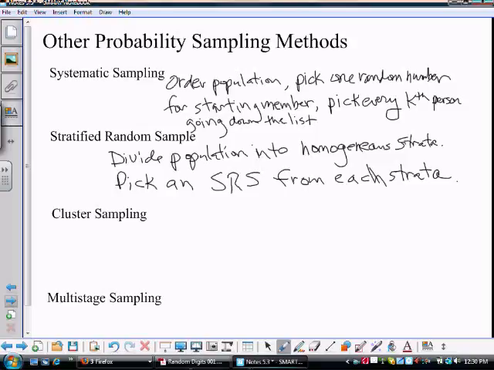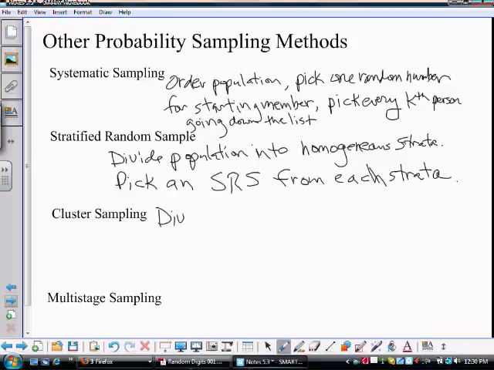Cluster sampling is you divide your population into heterogeneous groups, into non-homogeneous groups, usually by locations, like cities, blocks, whatever.